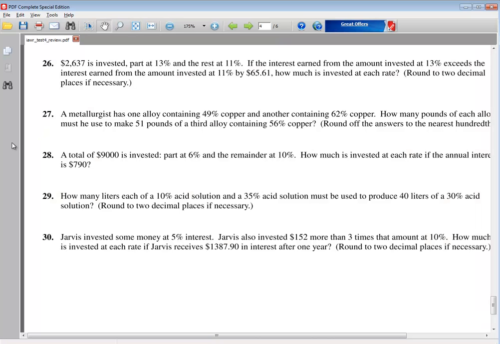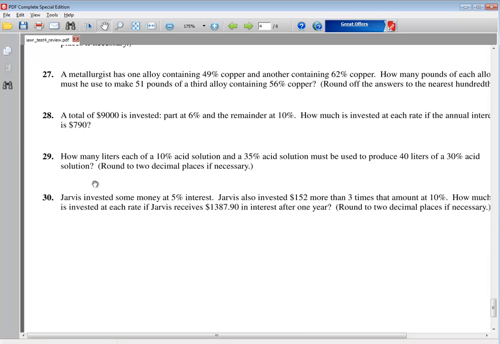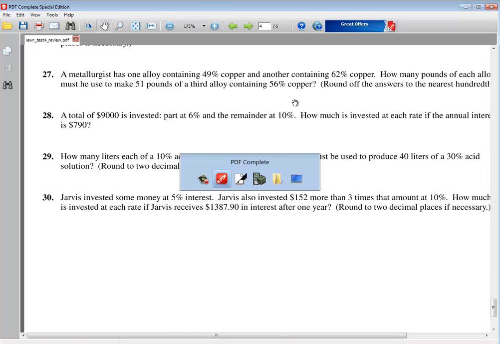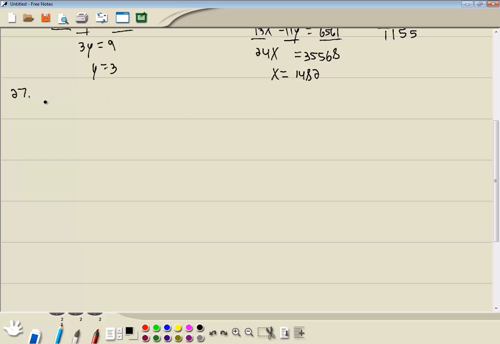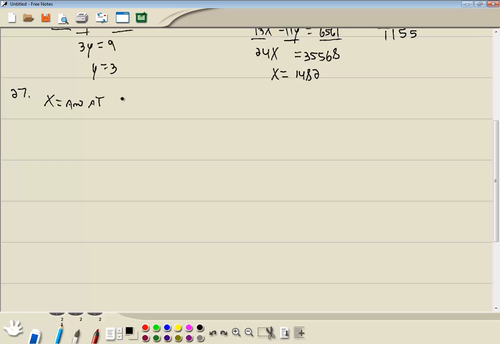Okay, number 27. Let's see, it looks like a mixture problem. How many pounds? So, okay, we're talking about pounds. So we got 49% and 62%. So X is going to be our amount at 49%.